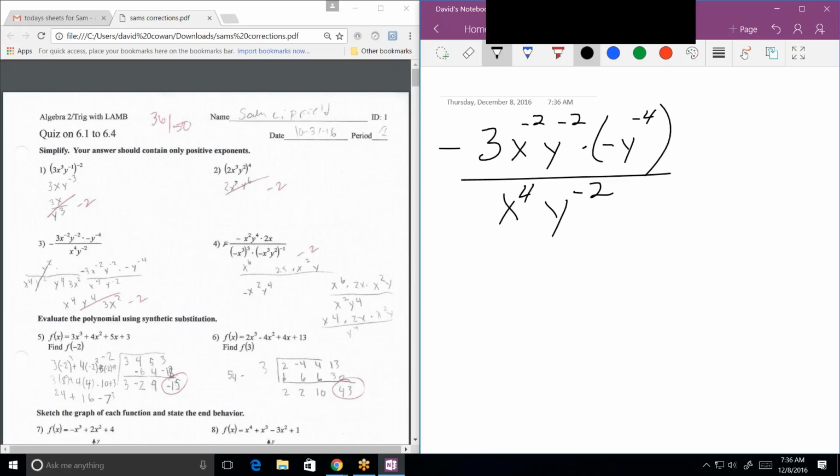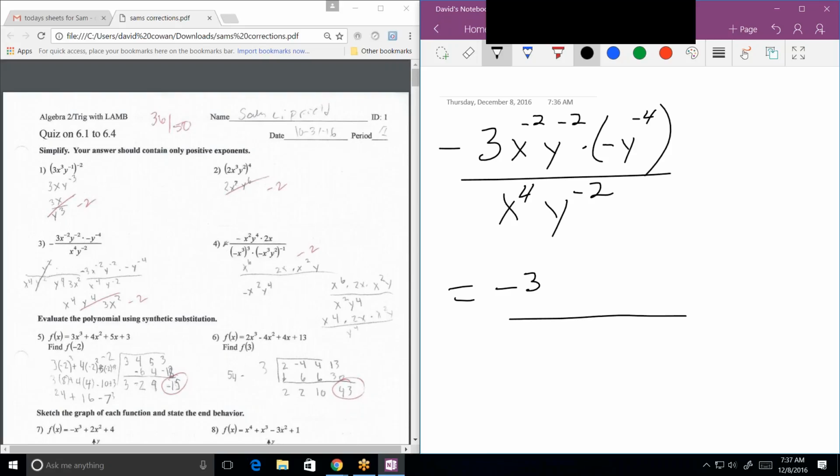So what do we do with all these negative exponents? Flip them. Okay, so what do I get in the next step? Don't combine them and flip them, just flip them. I still have a -3 in the numerator.